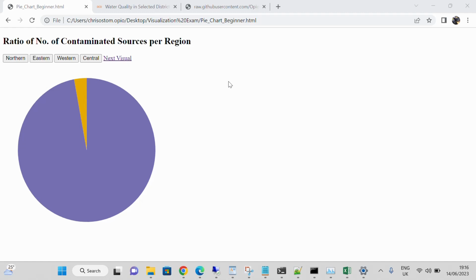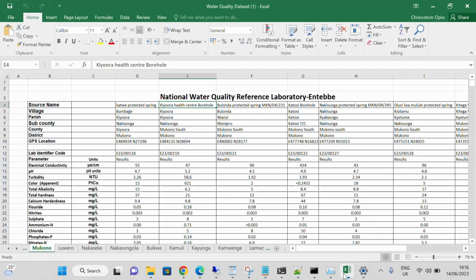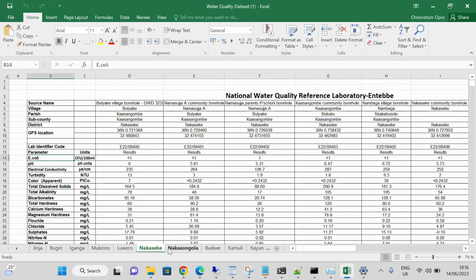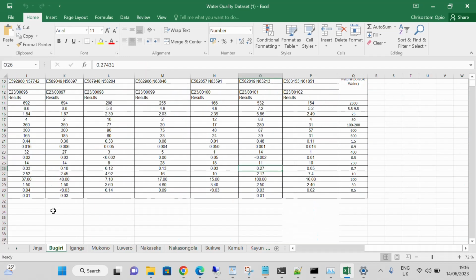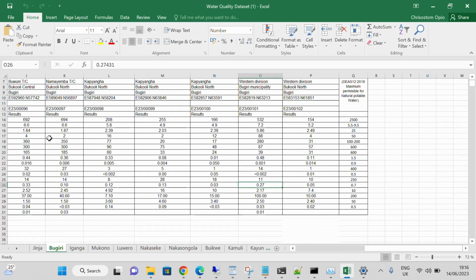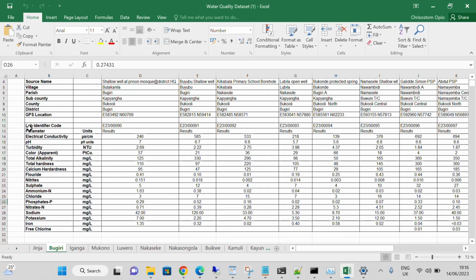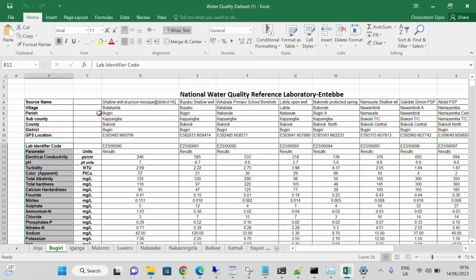Now, I would like to just briefly show you the data set that we're talking about. So when you sit down here, these are the districts that were considered, and each tab has the data collected for that district, and the data collected includes the elements of the water that they considered, including the water source.